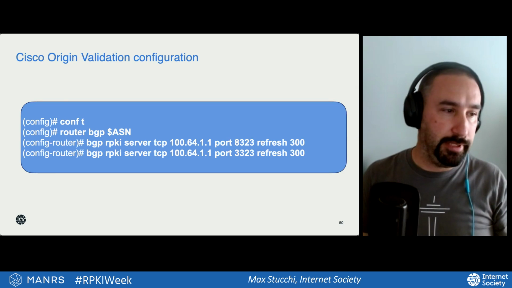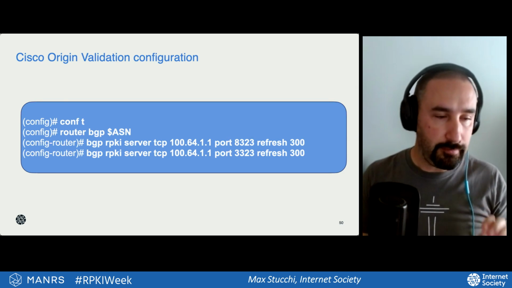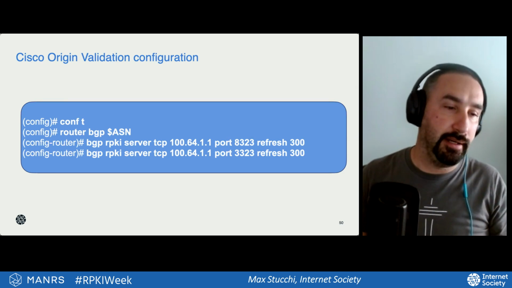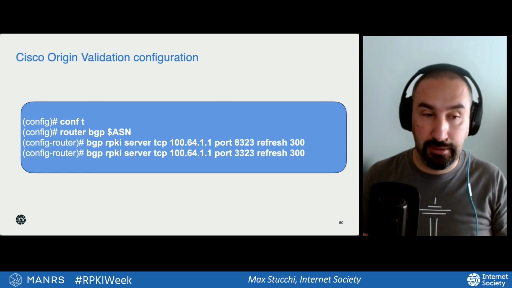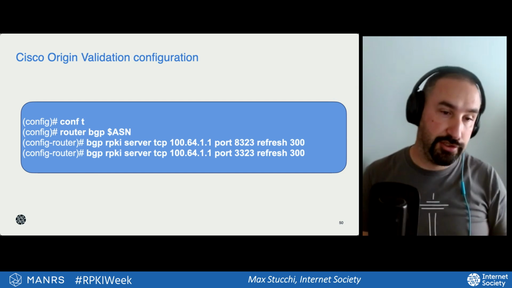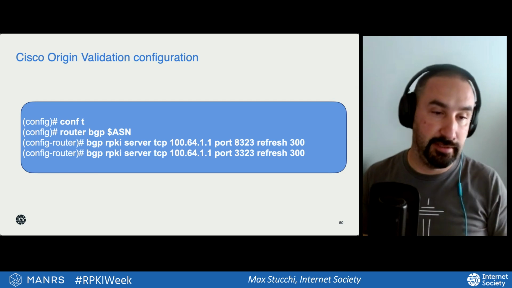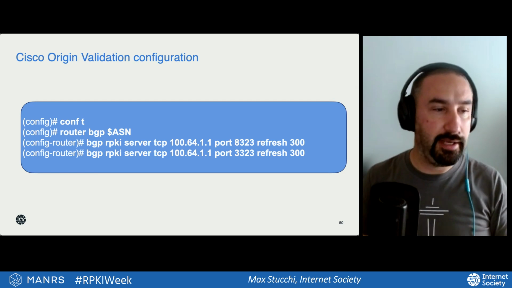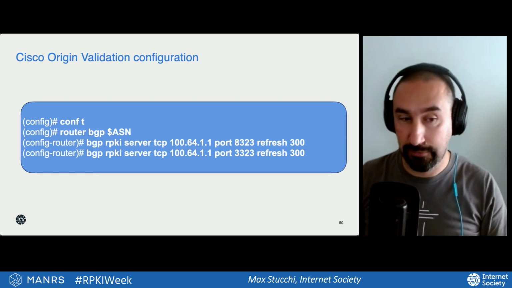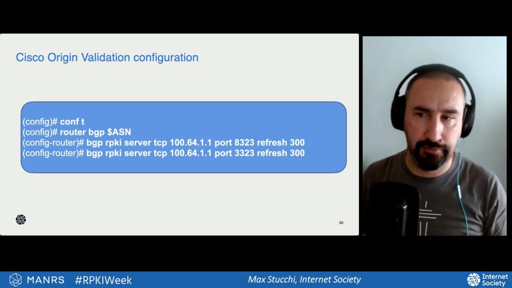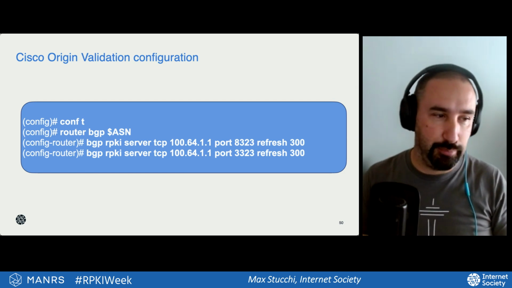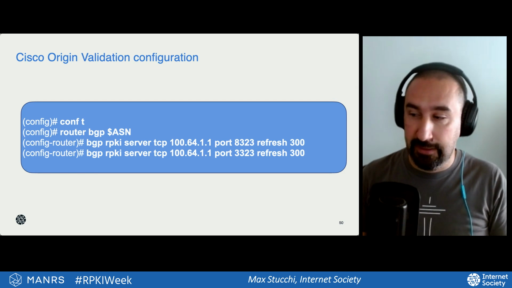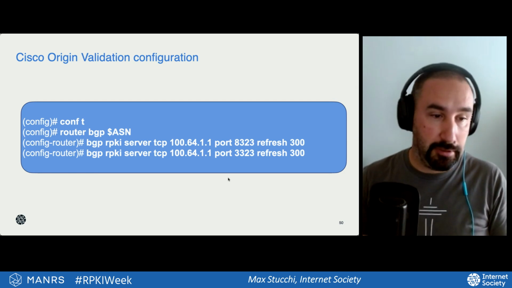So here the first thing we need to do is to tell the router where the validators are, because the router needs to fetch all the ROAs from them, from their validated cache. So in this case, we have two validators running on two different ports on the same host. This comes from a lab that we had set up also when I was at RIPE NCC, but it's an example that would perfectly work.